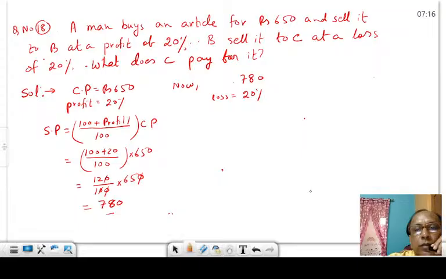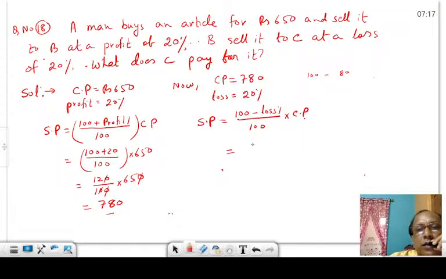This is cost price 780 and loss is 20%. Now we'll find the selling price. Now selling price we find by the formula: (100 minus loss percent) divided by 100, into cost price.